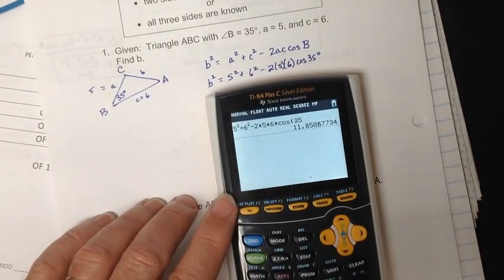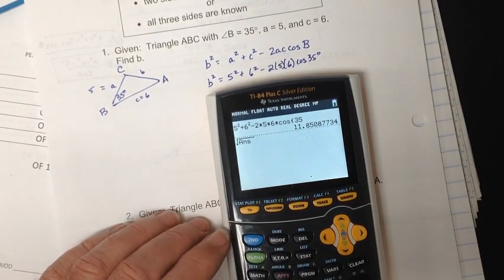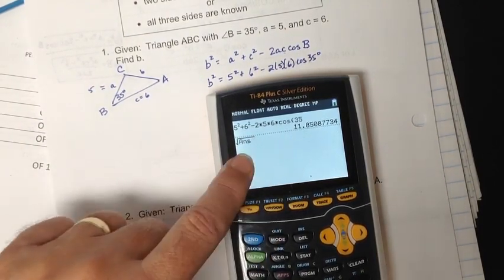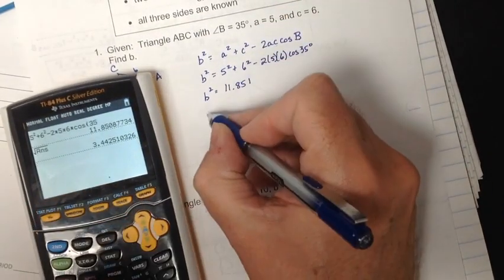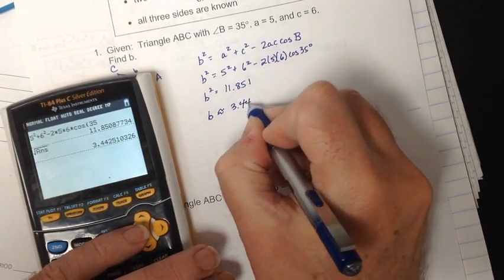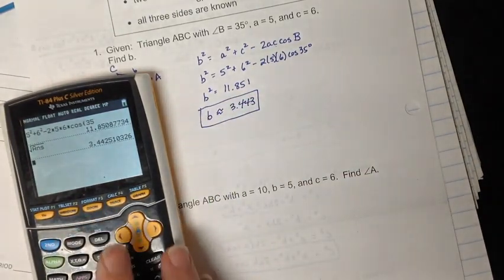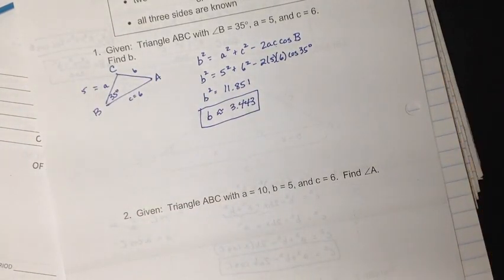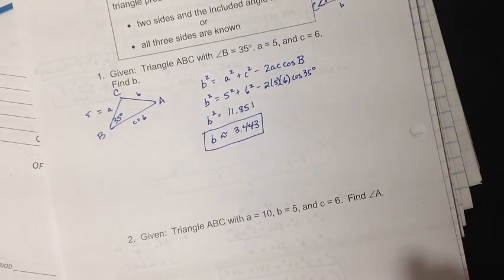I'm going to take the square root, and then second negative to get my last answer in here. So this will be a little bit more accurate than rounding. So B is approximately 3.443. Okay? All right. So that is using your law of cosines right there.